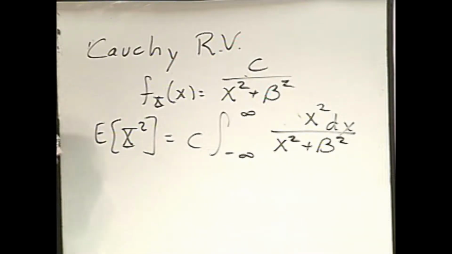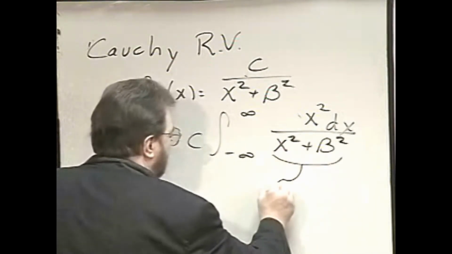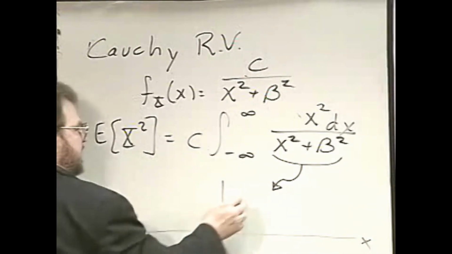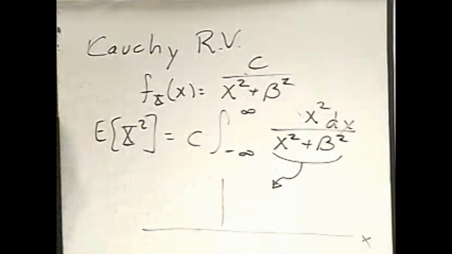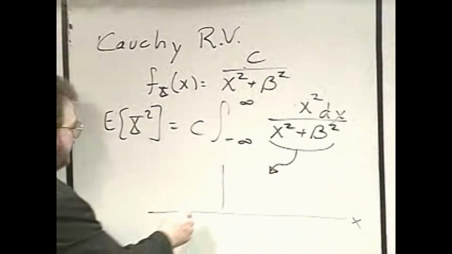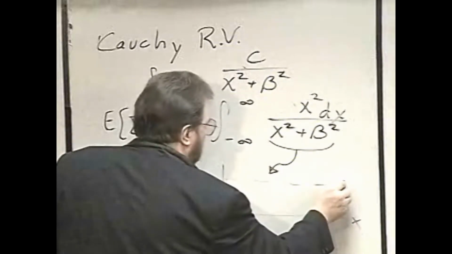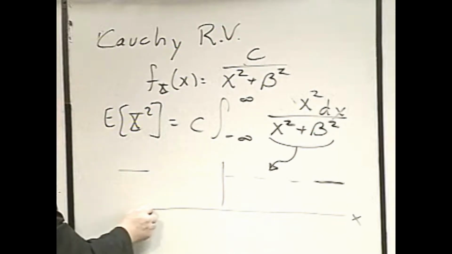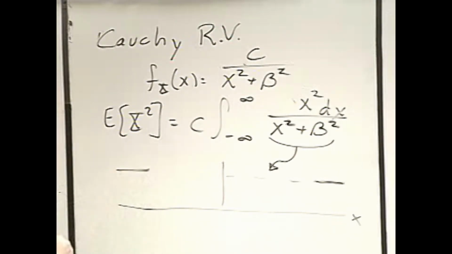Let's look only at the integrand here. If we look at the integrand, what does it look like as a function of x? As a function of x, this integrand asymptotically approaches, for large values of x, what number? 1, right? What about for negative x as it goes to minus infinity? It also goes to 1, doesn't it?